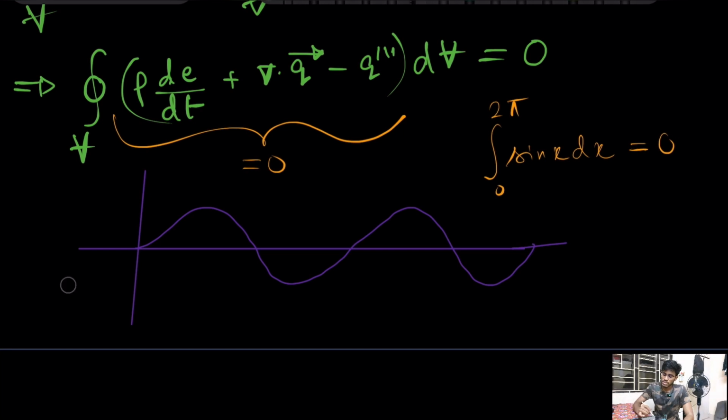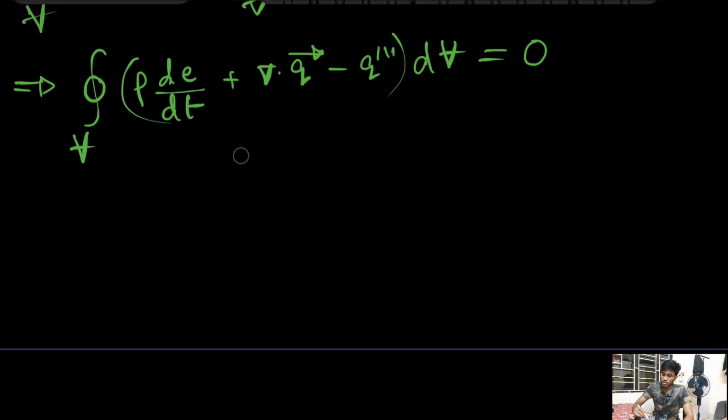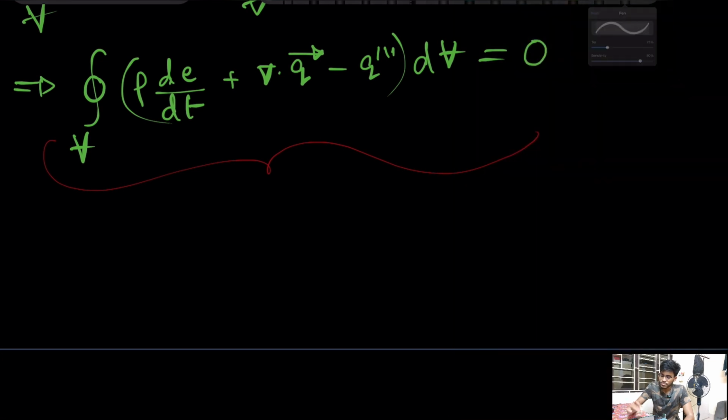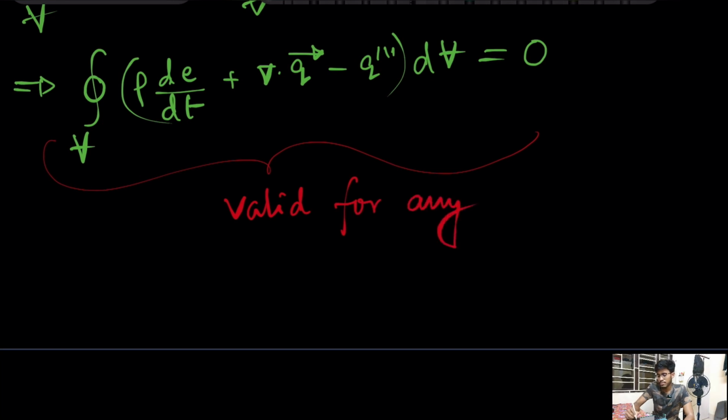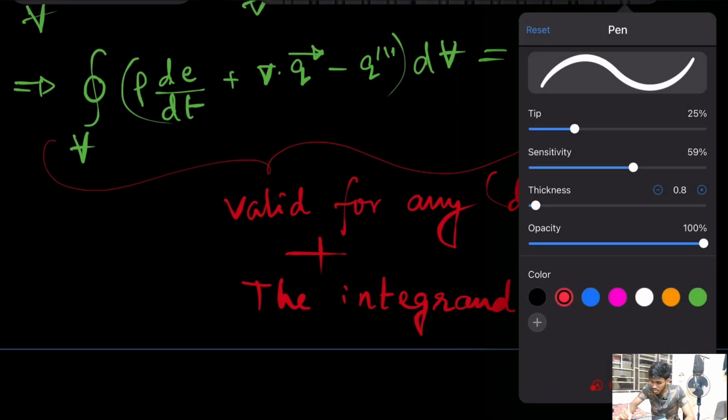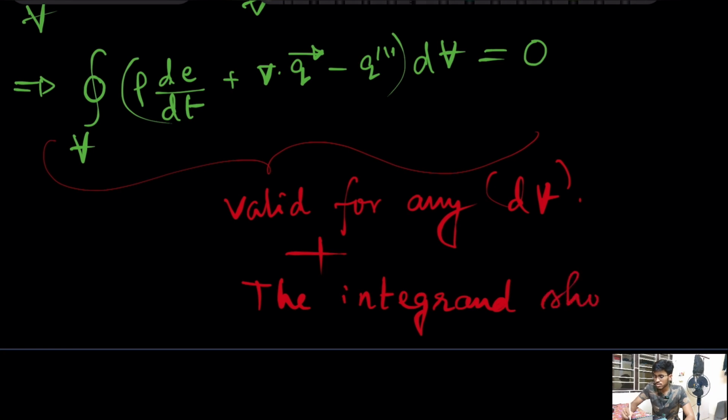So the first point is: if this whole thing is valid for any dV, then the integrand should be continuous.